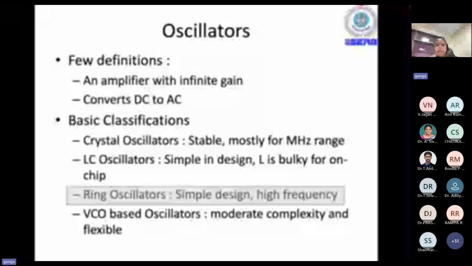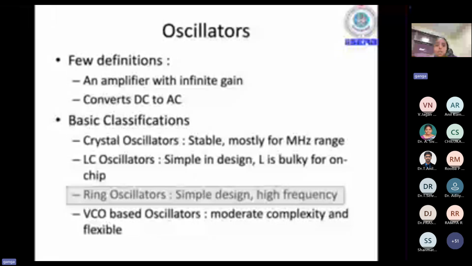The potential application of oscillators is as timing signal generators. We use them in a lot of systems, even in our laptops or any electronic gadget you can think of; these timing signals are quite essential. If we look into the basic classification of timing signal generators, one is the crystal oscillator. Typically, this is what we use in our laptops, which is very stable. It generates signals in the range of megahertz.